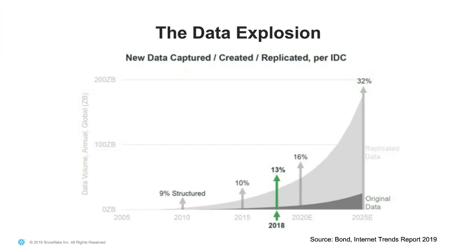So I don't think I need to state the obvious, but to put into some concrete terms the data growth that we're seeing, it's effectively exponential growth of both original data as well as data that is replicated and derived from that original data.